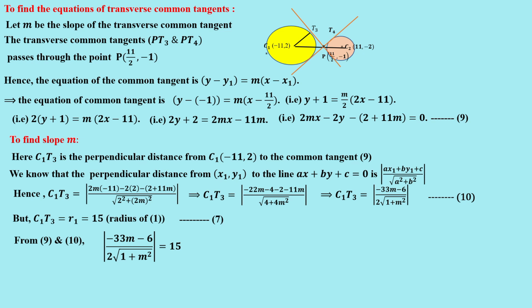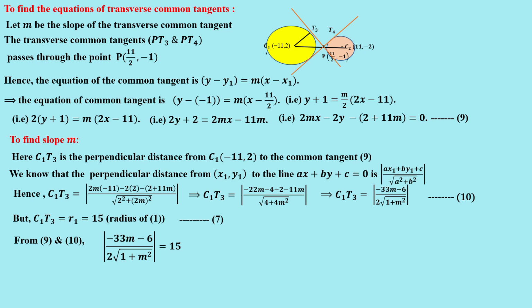Instead of 7 you put 11, because the seventh equation is the same, there we are taking C1T3, the radius R1, which is also 15. Otherwise you take 7 and 10, both are equal.